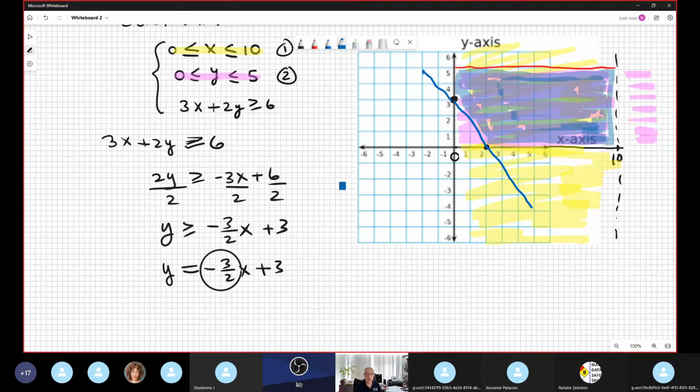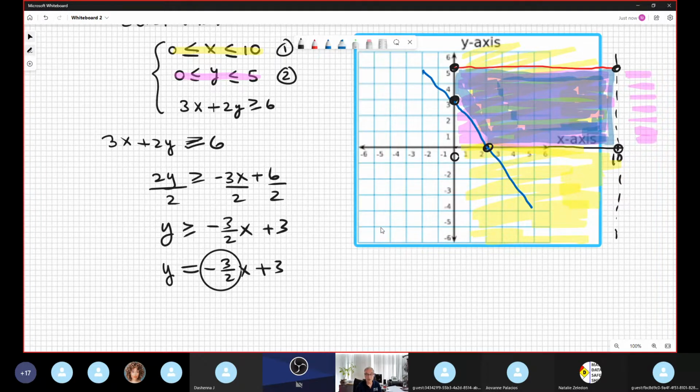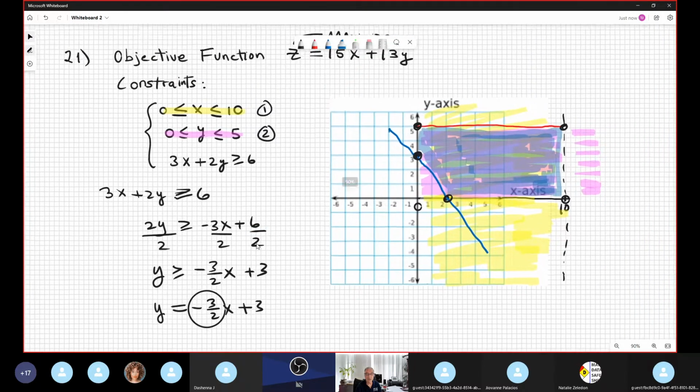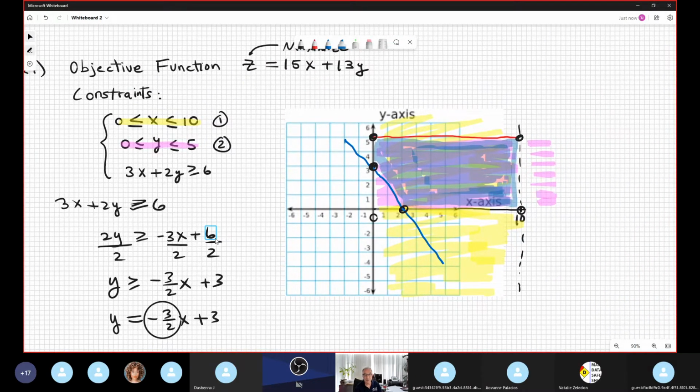In the corners of the feasible region, that corner, that corner, that corner, that corner, and this corner is the famous point in which you maximize the objective function.